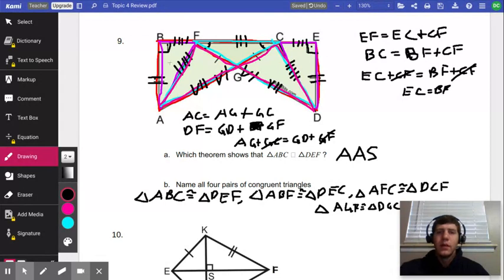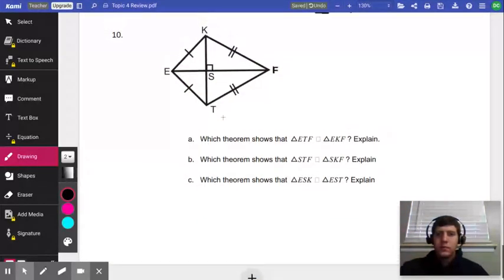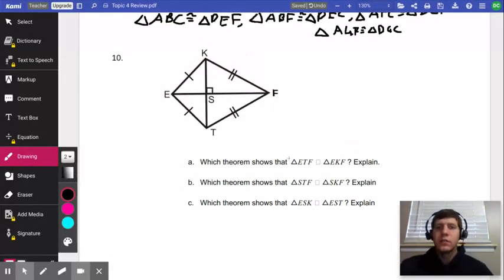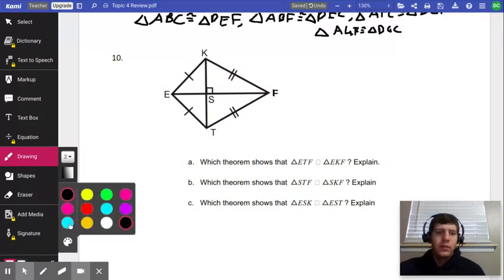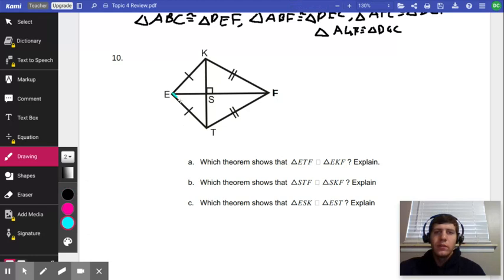Okay. All right, last one then, number 10. Which theorem shows that triangle ETF here is congruent to triangle EKF? And explain. So for these, there's lots of different ways to do them. So that's why the explain part is there. I think the easiest way to do this one, though, is you can just use the reflexive property here.